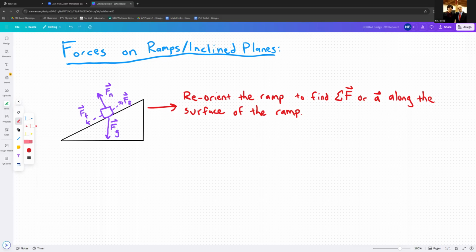Okay, so in light of that, we're going to say that the x direction will be the surface of the ramp.